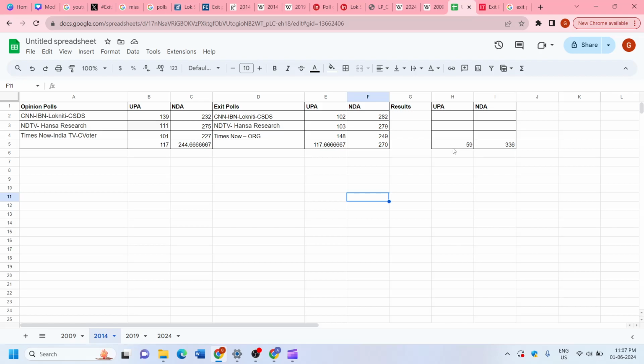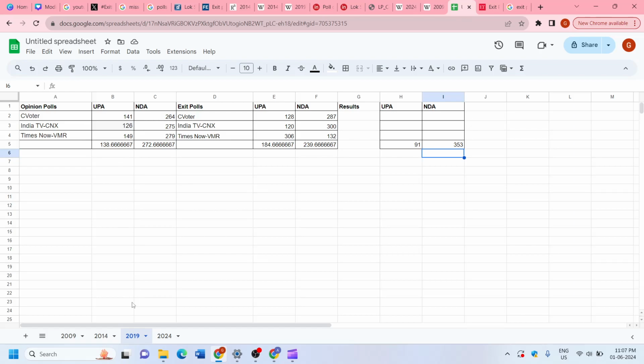They were thinking that UPA might get 117 seats, but they actually got less than 100, 59, and NDA got more than 300 when they thought they would get 270 or 244. They got 336, which was the first time any party got a majority in India since Rajiv Gandhi got it in 1984.